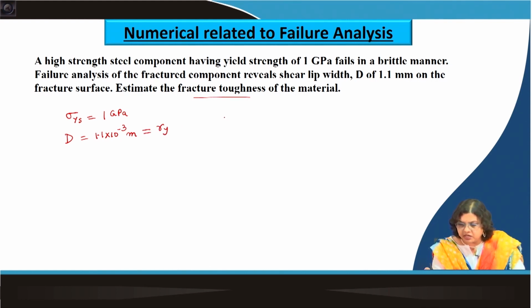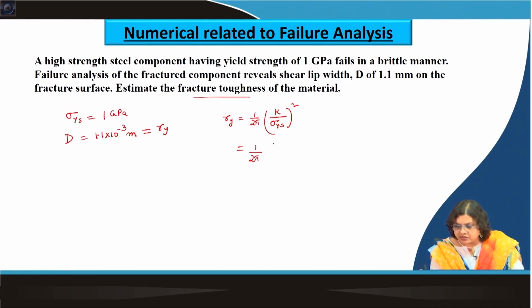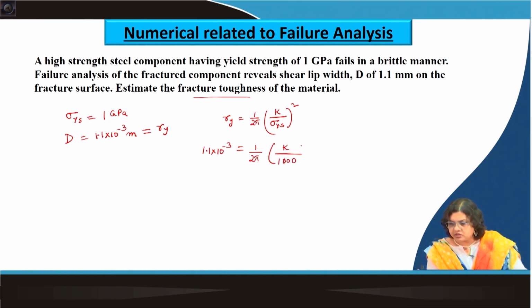So, if we simply use this relation, R_y equals 1 by 2 pi into K by sigma_YS whole squared, we can get these values very easily. This is 1.1 into 10 to the power of minus 3, and this is K by 1000 MPa, squared.